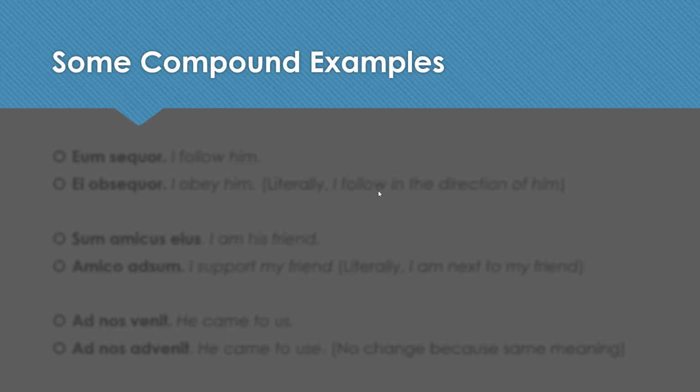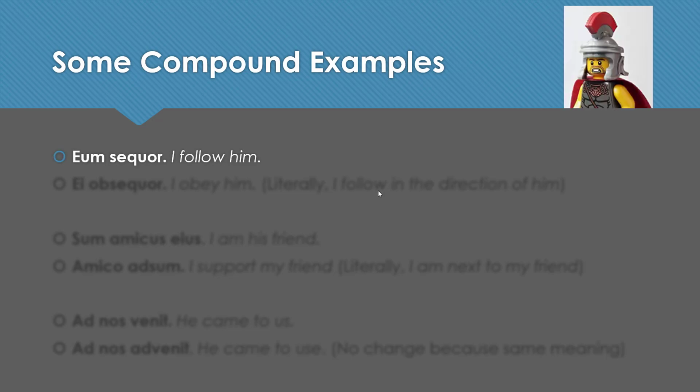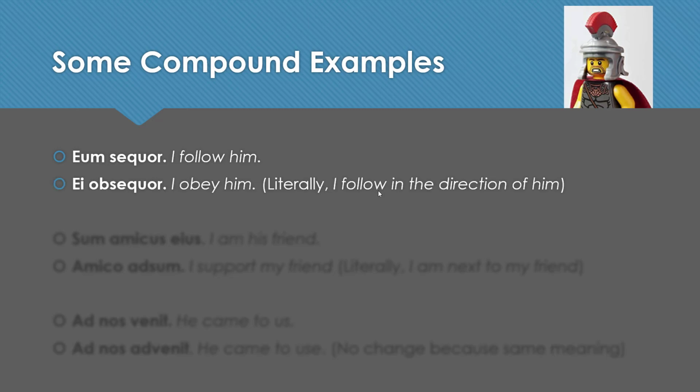If we said eum sequor, I follow him, eum is accusative, that's fine. But if we said obsequor, like the word obsequious in English, it means to obey. So to follow and obey, you can see they're related, but if you're just following someone, it literally just means to follow in a line.